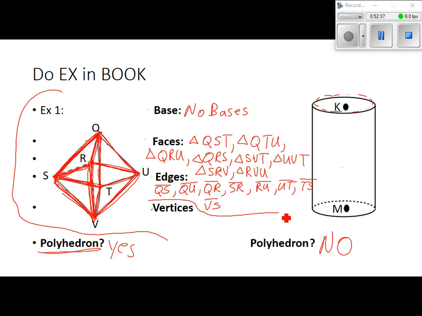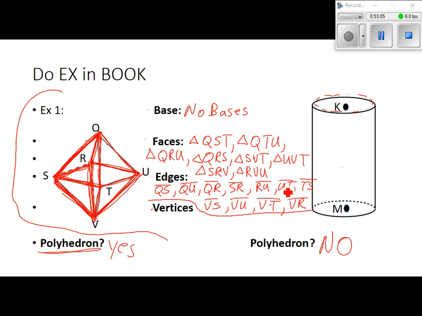This is not for vertices, this is still for the edges. Segment VS, which is right here. Segment VU. Segment VT. Let's see, I missed something. What did I miss? Segment VR. 1, 2, 3, 4, 5, 6, 7, 8, 9, 10, 11.